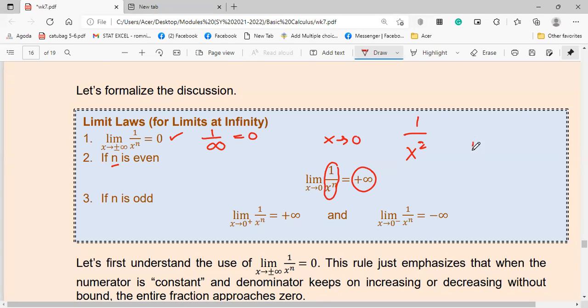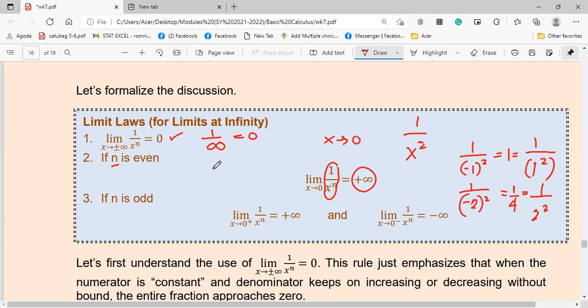Magbigay ka ng negative. Let's say negative 1 raised to 2 versus 1 raised to 2. Di ba pareho sila? They're the same, 1. Paano kung you have 1 over negative 2 raised to 2 and then you have 1 over 2 raised to 2? Di ba pareho silang 1/4?